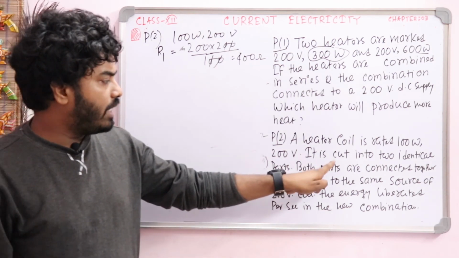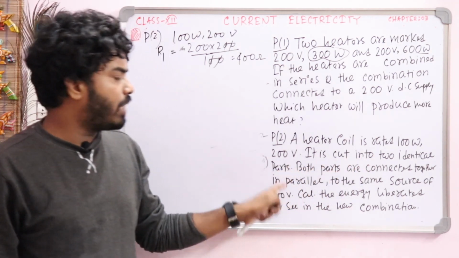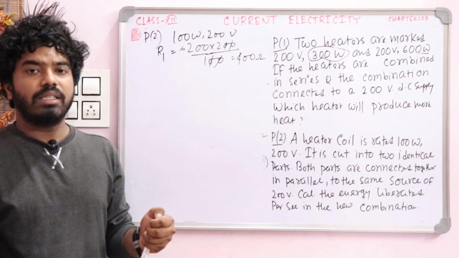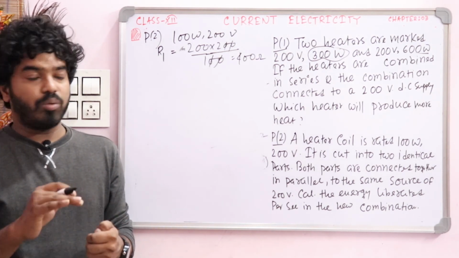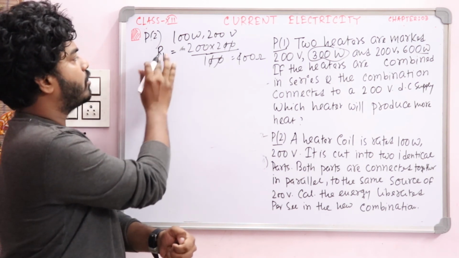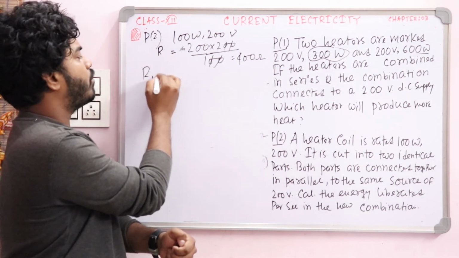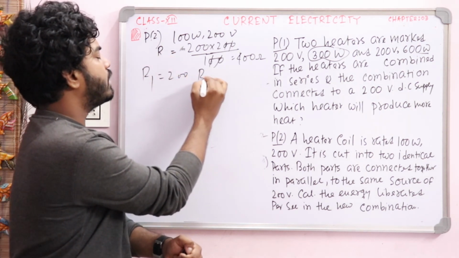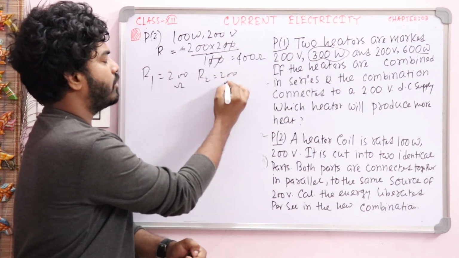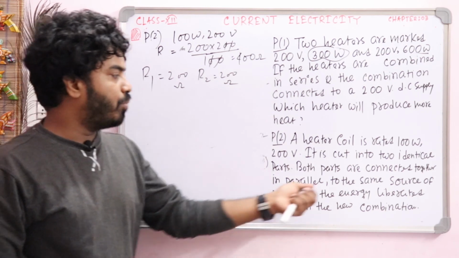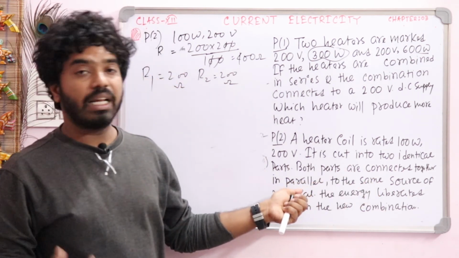Now the question says it is cut into two identical parts. That means each part has resistance equal to half. So R1 will be 200 and similarly R2 will be 200. Okay. Now both are connected together in parallel.